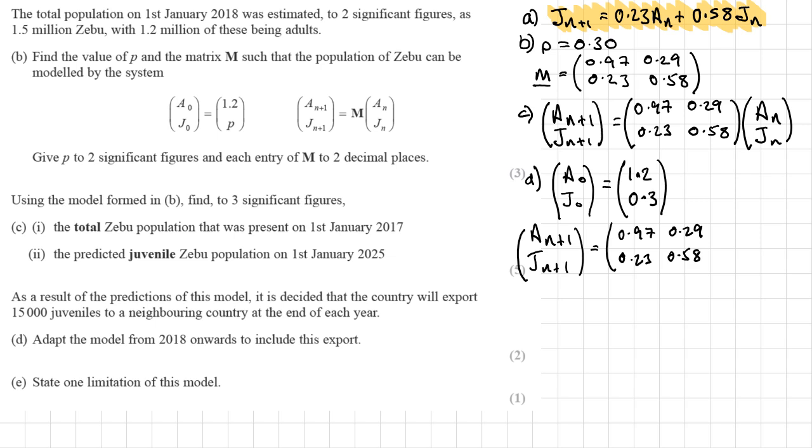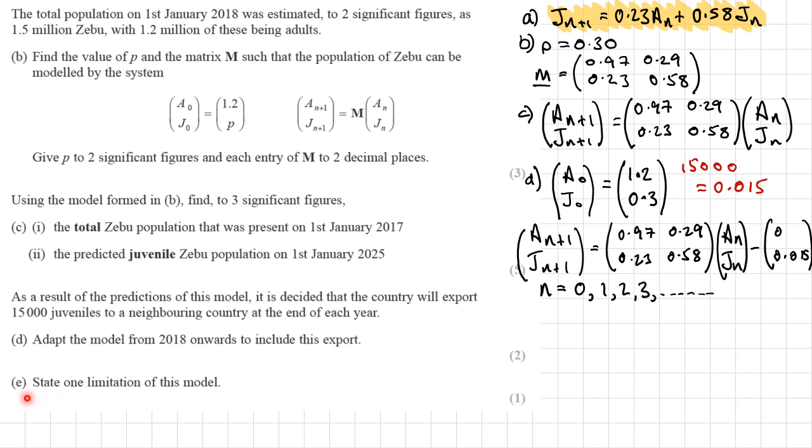And the way that we can do that is to say, okay, this is my existing model, let's just subtract no adults but 15,000 juveniles. Now we need to remember this is in millions, and 15,000 in millions is going to be 0.015. So we need to be subtracting here 0.015, and we need to show, well, this model is from 0, 1, 2, 3 and so on.